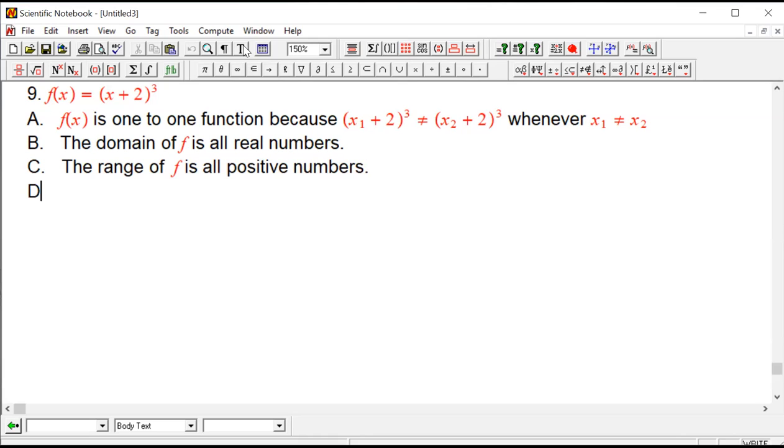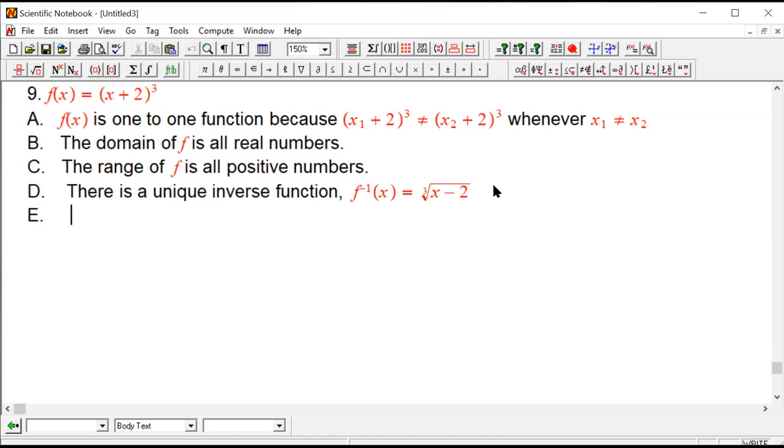D, there is a unique inverse function, and that inverse function is f inverse of x equals the cubic root of x minus 2.